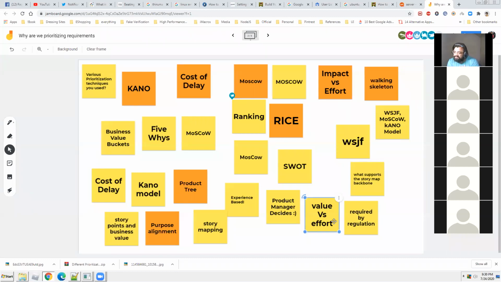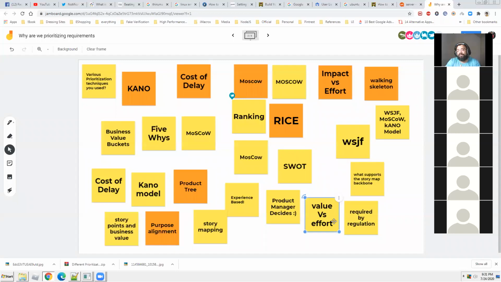How can we as a Scrum Master contribute in prioritization? Teach your product owners about these. There are a lot of prioritization models. Someone even gave one of the models, PUGH. It is used in Six Sigma, which is also a very good model. And you educate so that they take an informed decision.